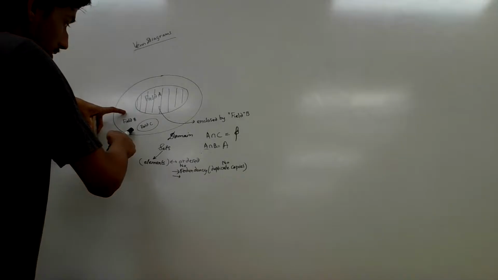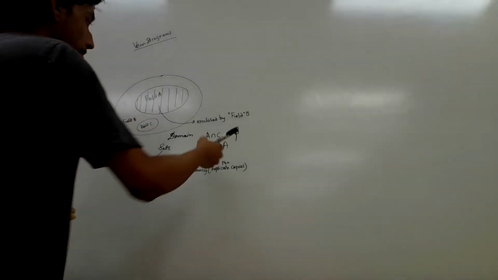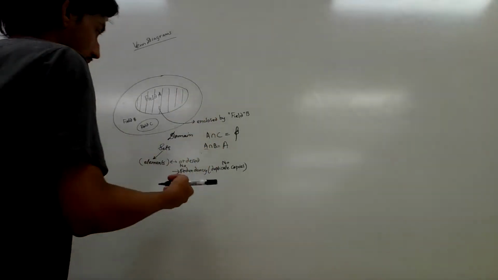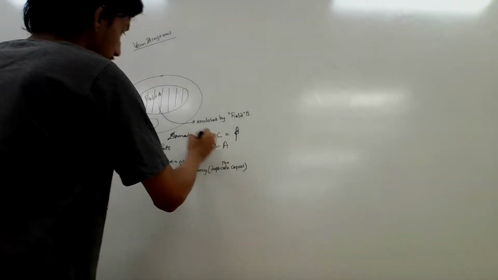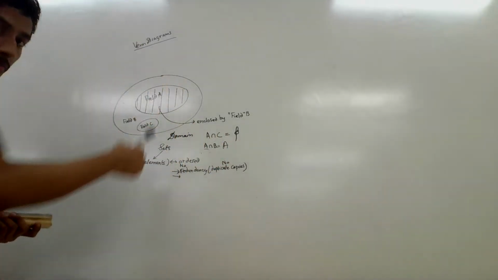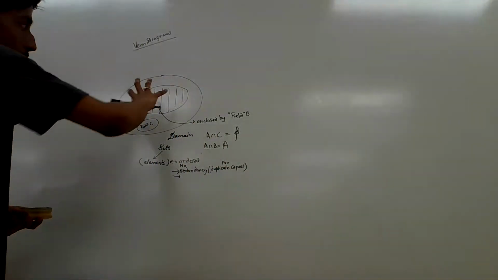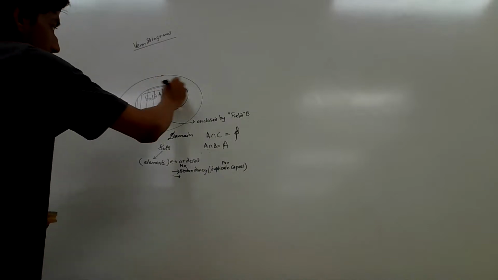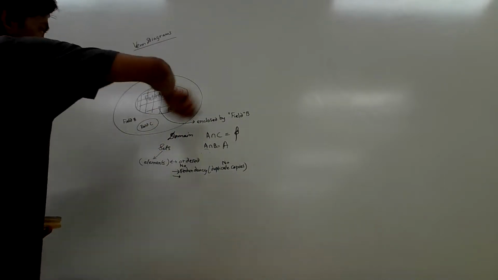B is a bigger set and A is smaller than this one. When you have B and A together, it's asking what's common between B and A. The entirety of A is inside of B, so the entirety of A is common between both of them. A has itself, and B has the entirety of A.